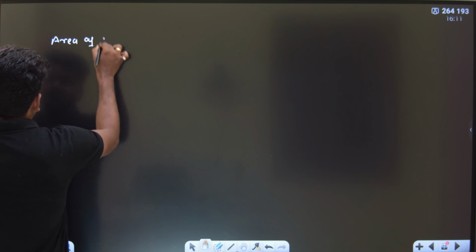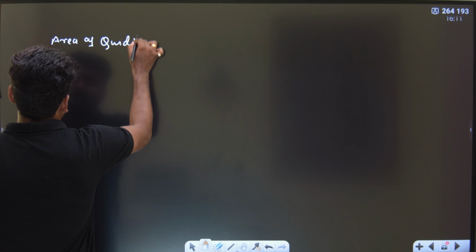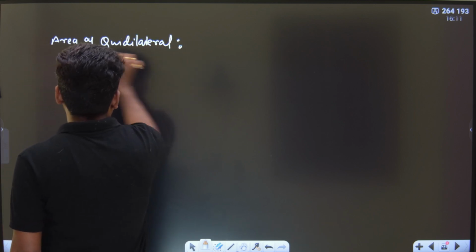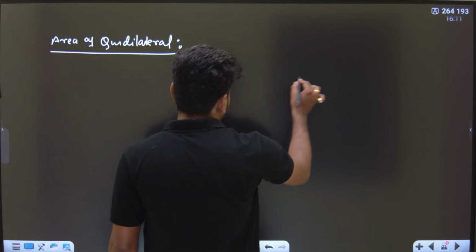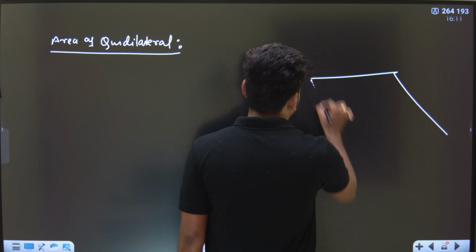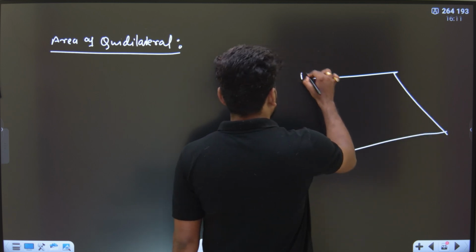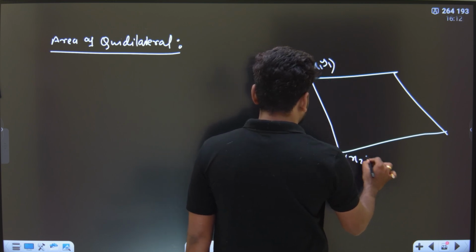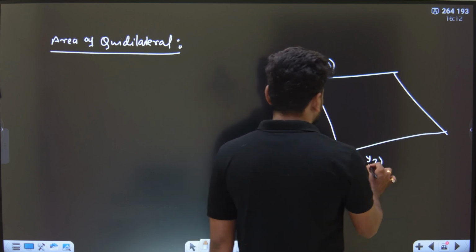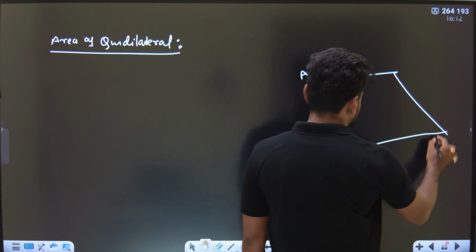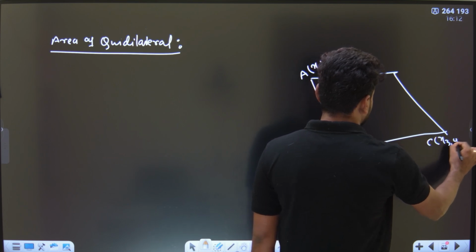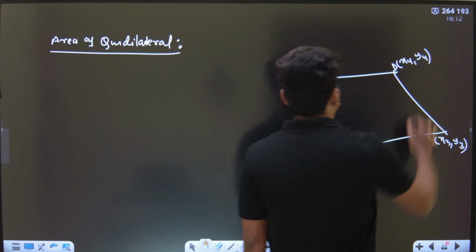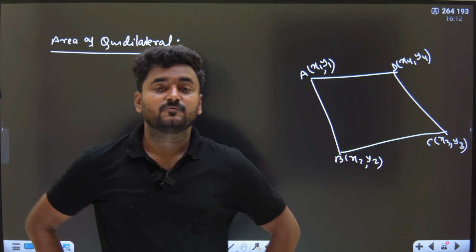Suppose you have to find the area of a quadrilateral, like this, ABCD. Suppose the vertices are x1 y1, x2 y2, and suppose this vertex C is x3 y3 and vertex D is x4 y4. I want to find the area of the quadrilateral.